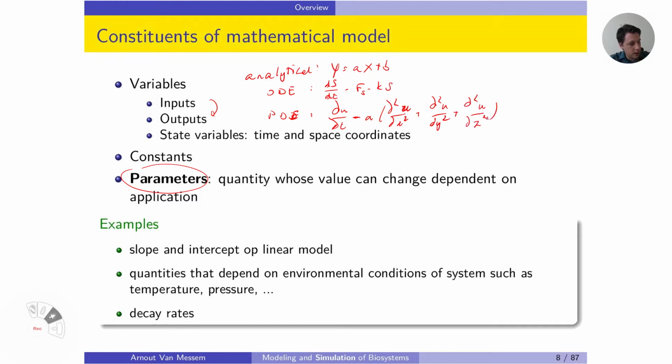In this case you see that u depends on x, y, z, so on the coordinates of the location, and on the time. So u is the variable, and x, y, z, and t are the state variables.